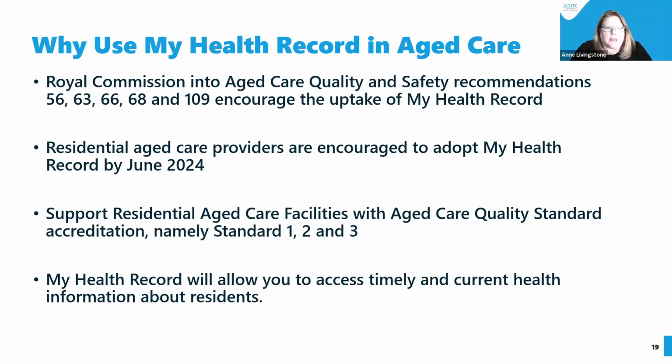We see that My Health Record can also provide significant value. If you have conformance software, you will be able to upload your residents' health information, which then can be viewed by other health professionals involved in their care, in hospitals, GP practices, and other primary healthcare services in the community.